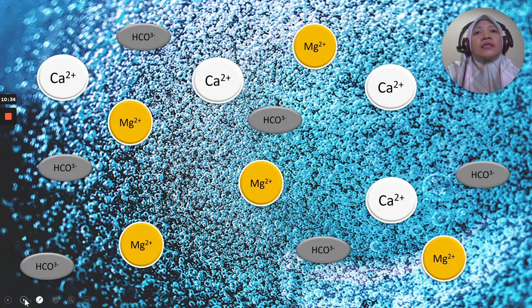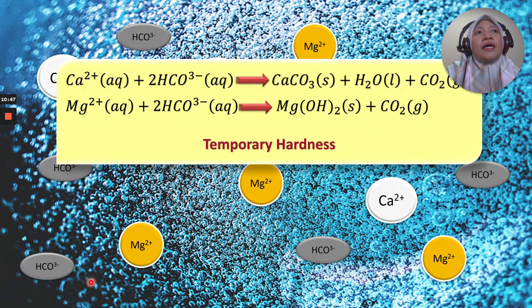This combination of hardness, calcium and magnesium with the bicarbonate ion, will form insoluble minerals. This reaction is also known as temporary hardness, as it is easily removed by simple heating and then followed by filtering.